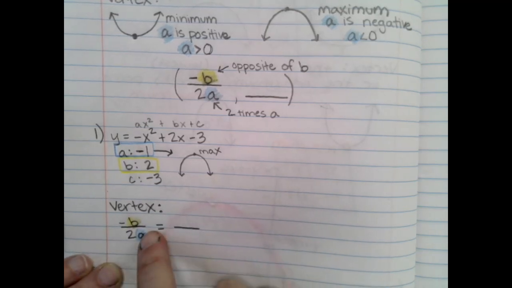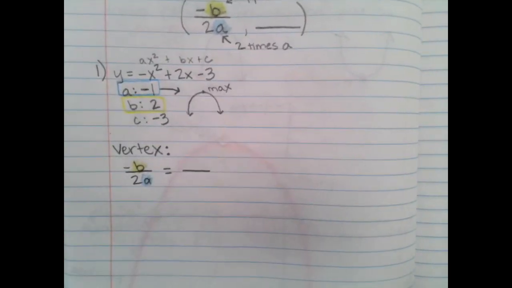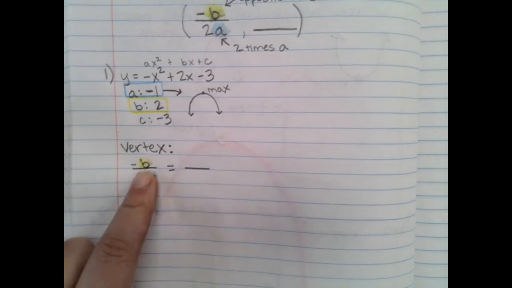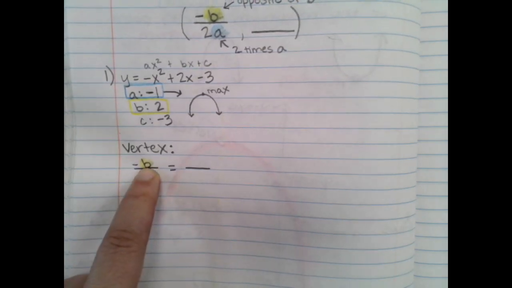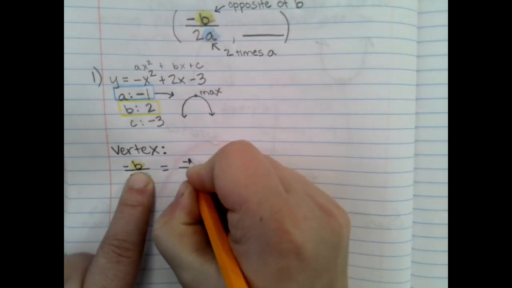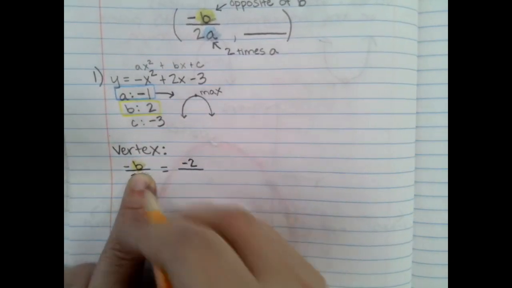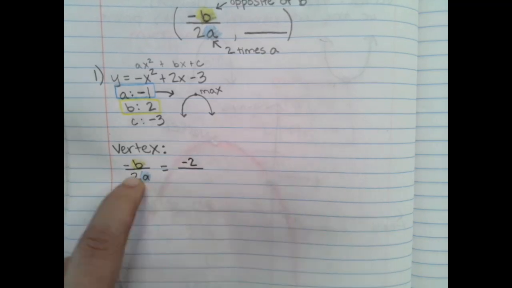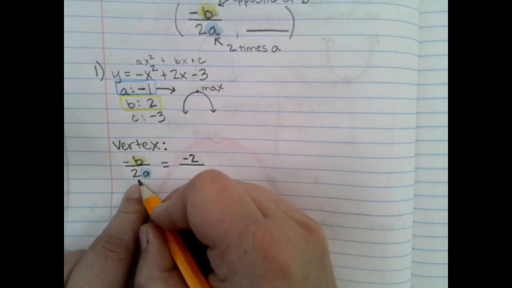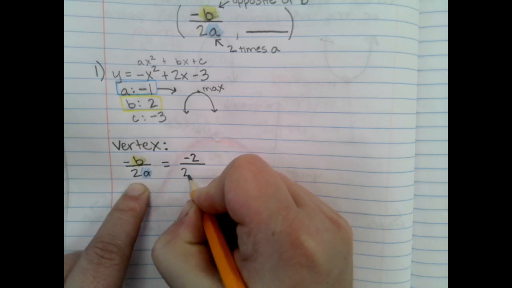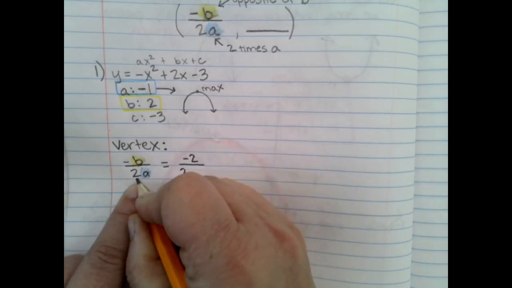So what is our B from our equation? Kalani, what's our B? 2, thank you. Okay, and then class, what's the opposite of 2? Negative 2. So we're going to use negative 2, because remember that little dash on the outside thinks opposite. And then on the bottom, we still have this 2 that's part of the formula. It will always be a 2 to start off with.